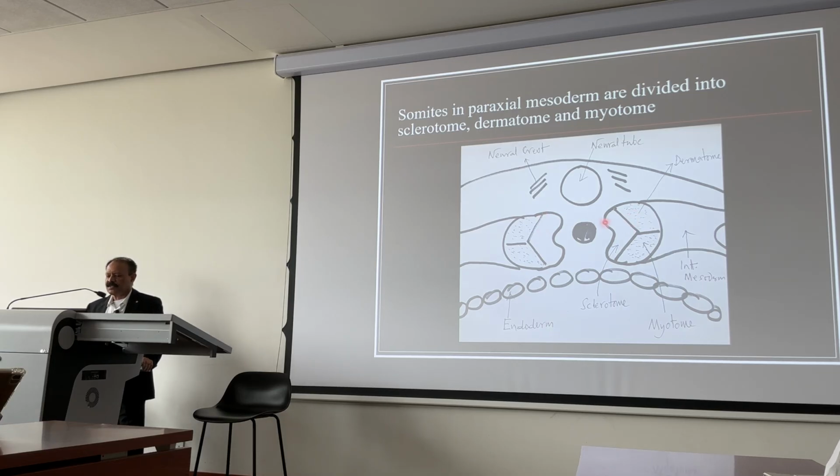Because it will be joining with this, and the neural tube will just fall down in between the two sclerotomes to form a vertebra. Is it interesting? Whereas these two, which I put as a dotted line, will move out as myotome and dermatome. Is that okay? Good.